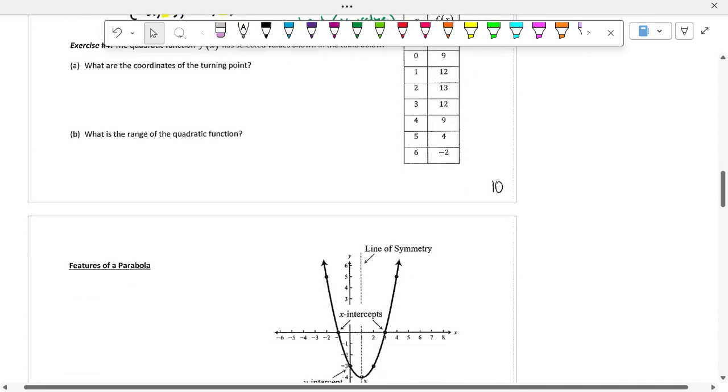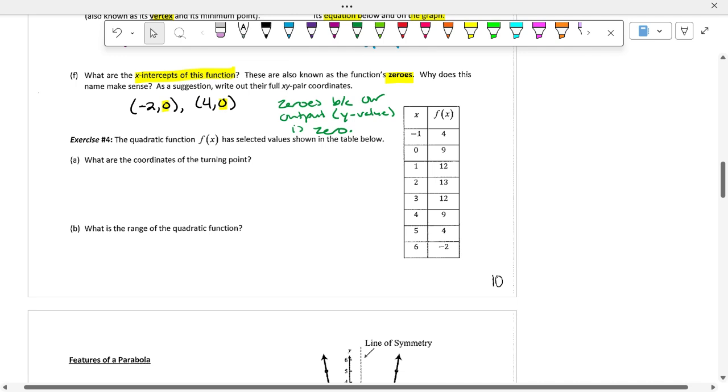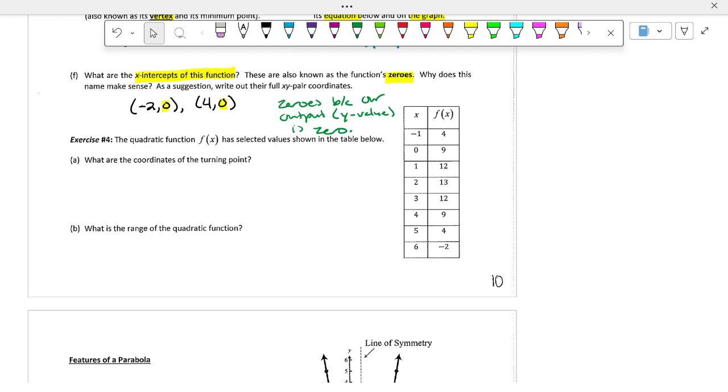Now, that's if we have a graph. Now, look at this table. With the table, you can also get features from a quadratic function by looking at the table. Okay. So, what are the coordinates of the turning point?